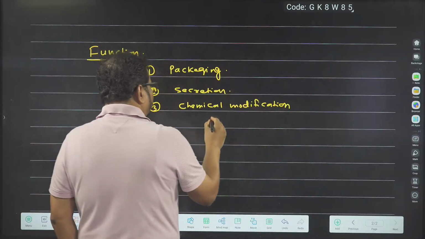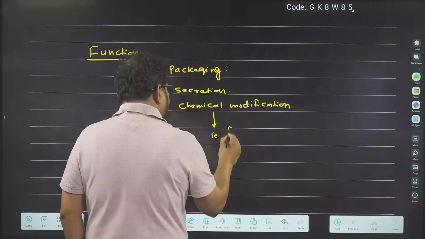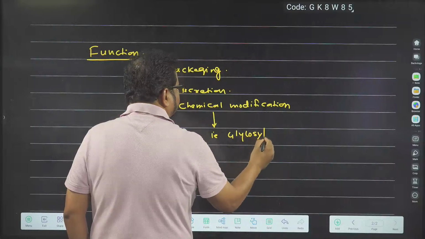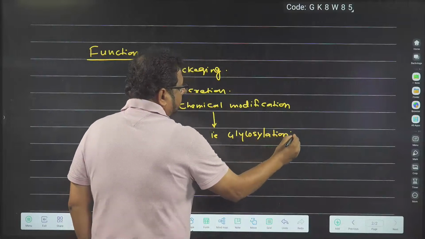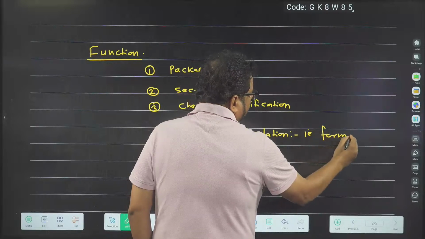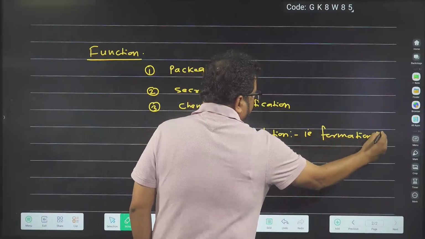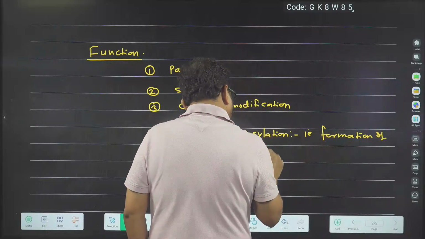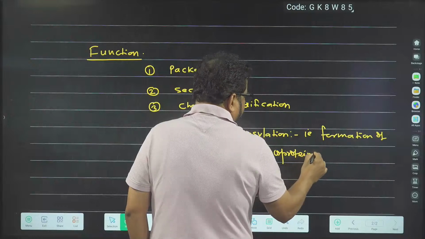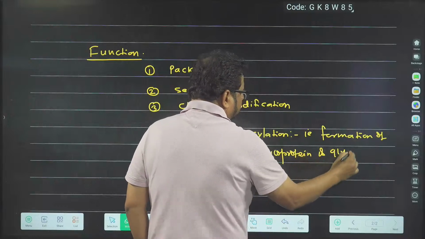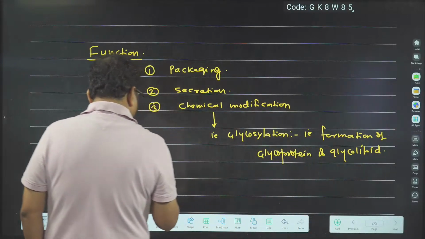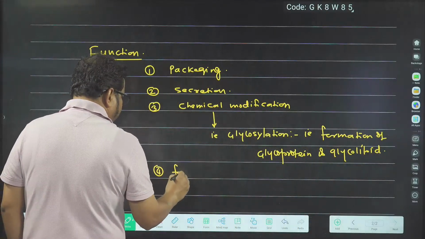What is in chemical modification? That is glycosylation, or glycosidation, that is the formation of glycoprotein and glycolipid. Another function I am writing is formation of lysosome.